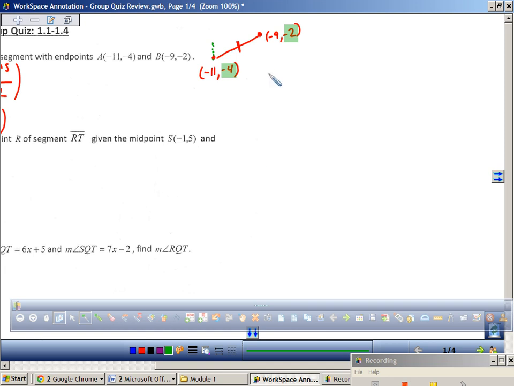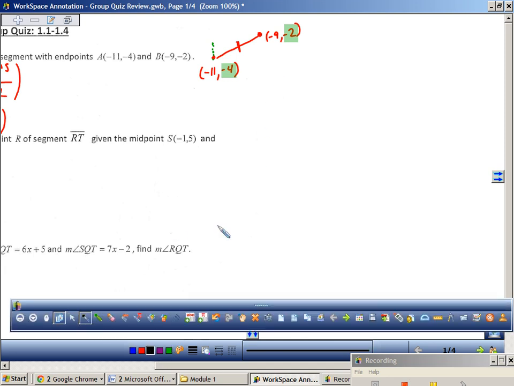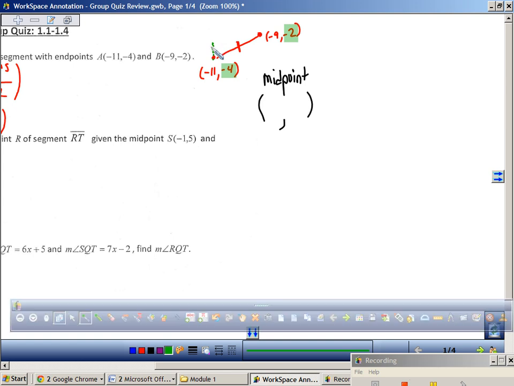Here, I'm going to put a little mark, this is my midpoint. So to go from -4 to -2 is 2, but I only want to go up 1. Where would I be at? -3.